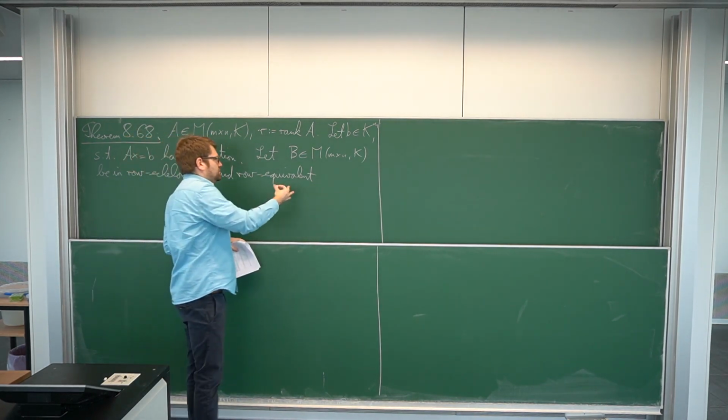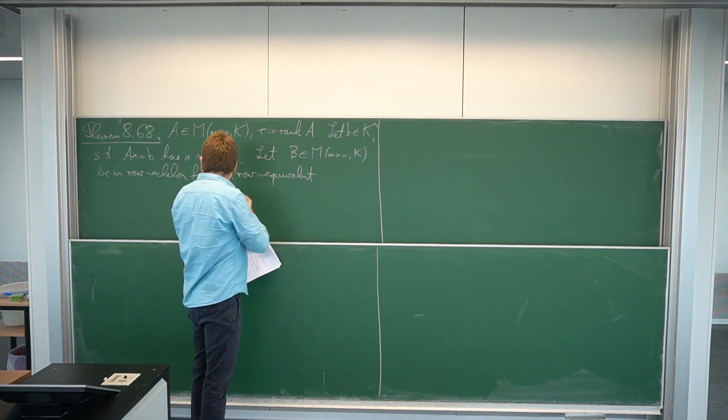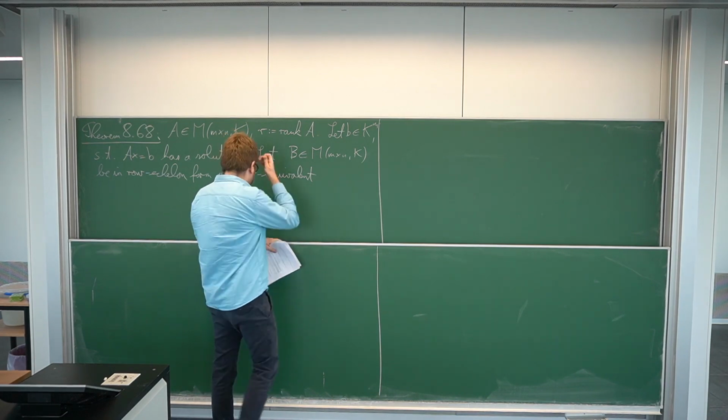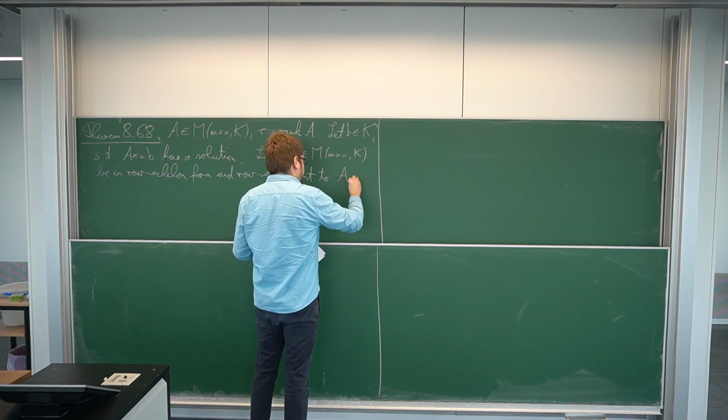I had the example: you could multiply rows to get another matrix in row echelon form, which is row equivalent to the original matrix and so on. So this is not unique. So row equivalent to A.